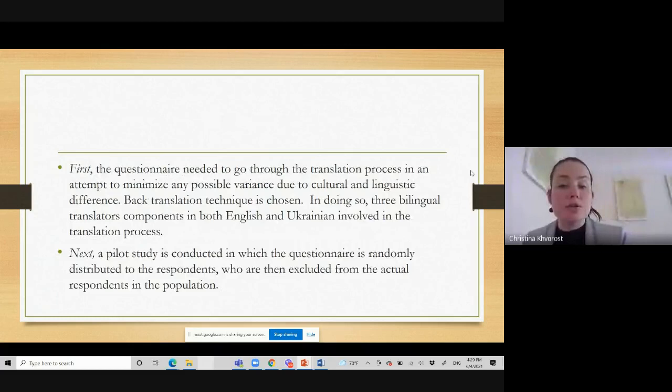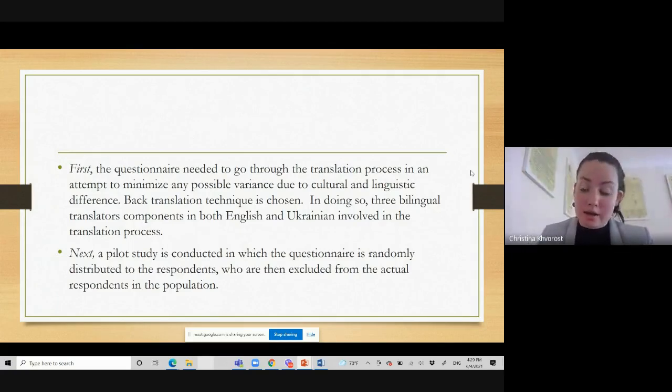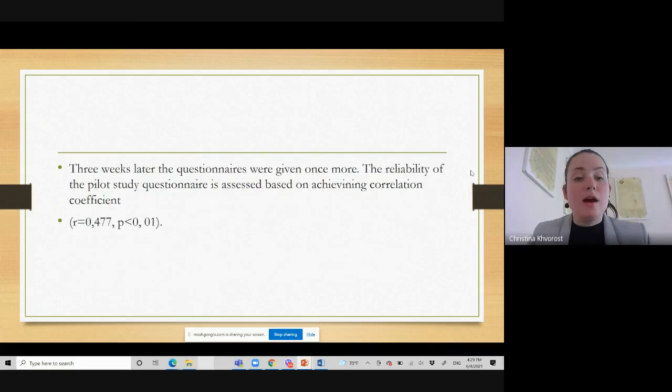First, the questionnaire needed to go through the translation process by a minimum of professional linguists, and then back translation. And three weeks later, the questionnaire was given once more to the participants of the research program. The reliability of the pilot study questionnaire is assessed based on achieving a correlation coefficient.